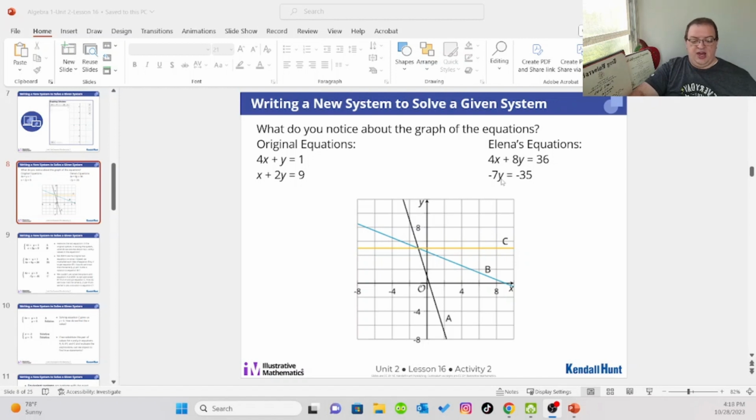Then we eliminated one of the equations and we were able to get the yellow line. But every single one of them actually intersects at negative 1, 5, which is what we said the answer was.